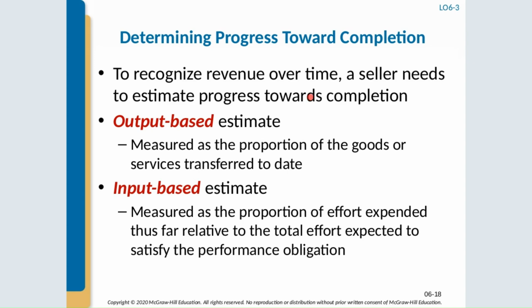So output based relates to the proportion that we have already completed. So we're based on what have we produced so far. Input based is, well, how much cost have we incurred at this point? So that's looking at the input part.